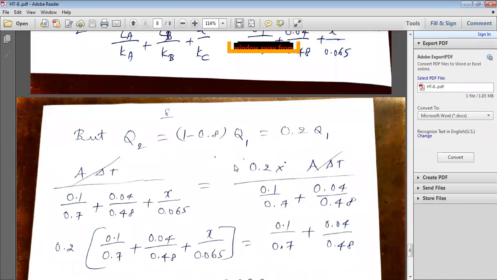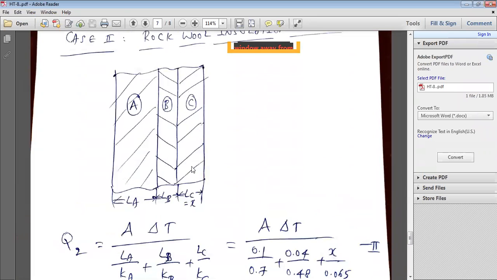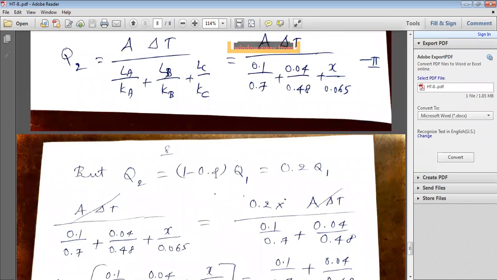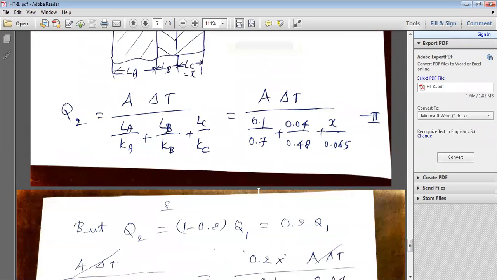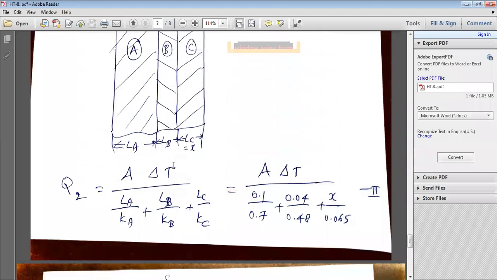But what is the relationship between the equations? If you use the third material, the heat transfer rate decreases by 80%. That's why, if three materials are there, only 20% of the heat flows. All of you listen very carefully.